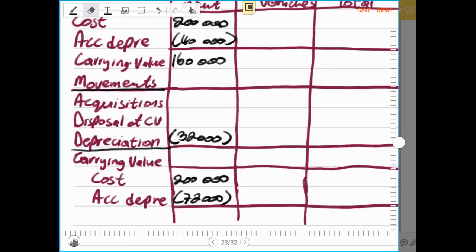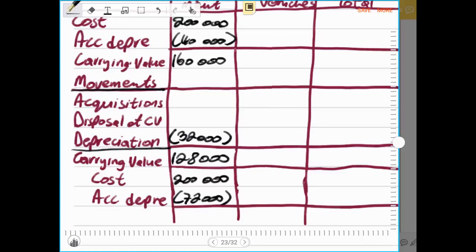So now it means the carrying amount at the end of the year with regard to equipment will be just 200,000 rands minus 72,000 rands. That will give us 128,000 rands as the carrying amount at the end of the year.